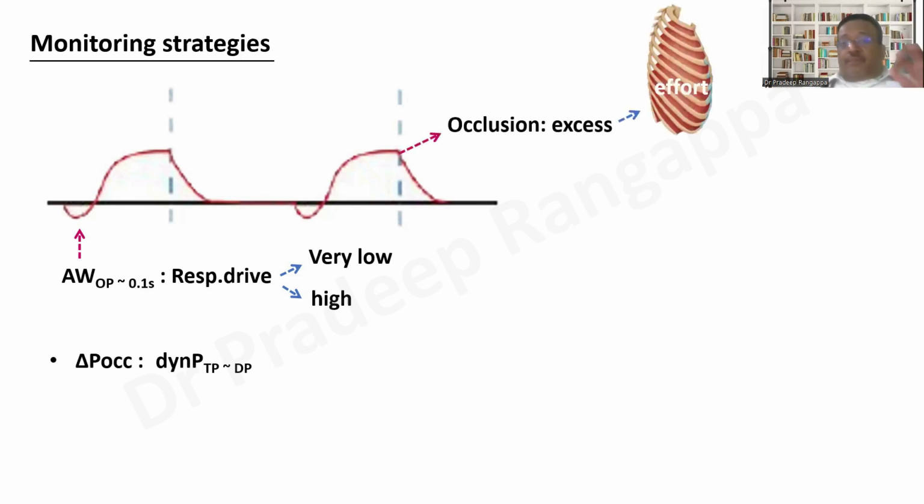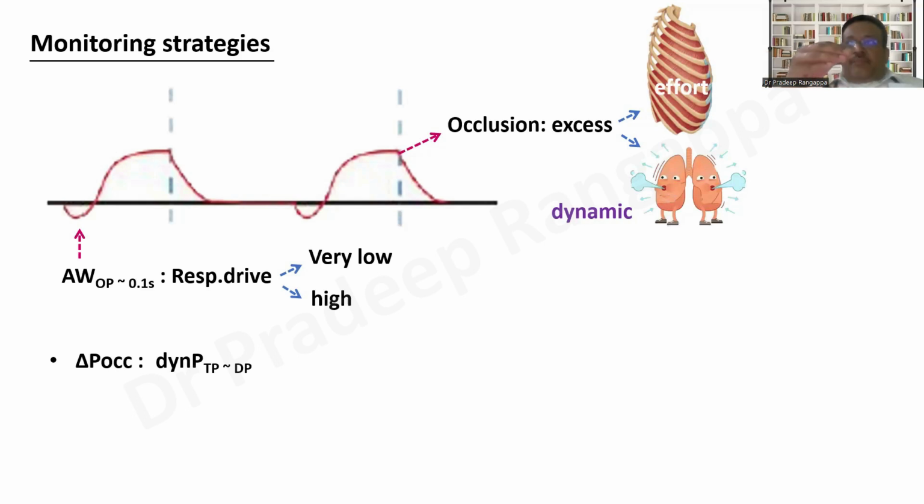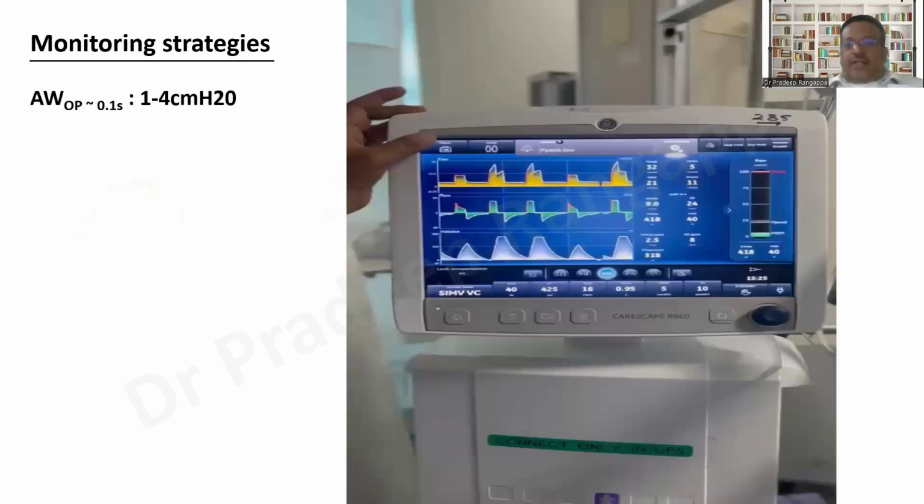And there is another concept of end inspiratory occlusion, which will again determine the excess respiratory effort and the dynamic lung stress. And this also we did not have, but end inspiratory occlusion, what we do will give you a driving pressure. But here we are talking about your respiratory drive. For that, you need to do it at the beginning of the inspiration, where you look at the inspiratory effort and the change in the pressure against the occlusion of the airway.